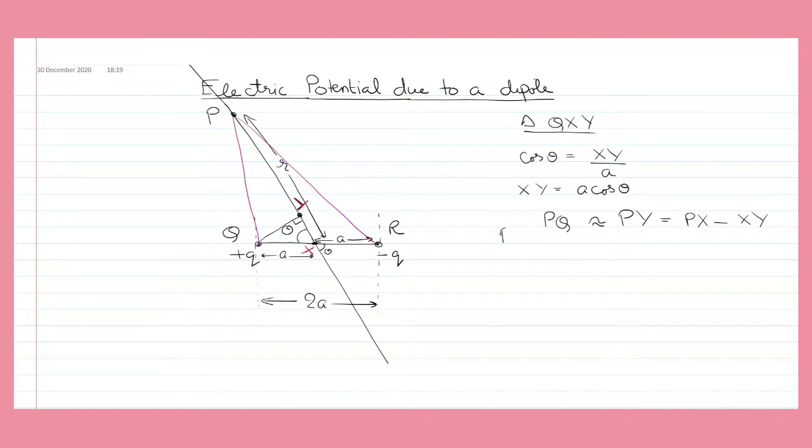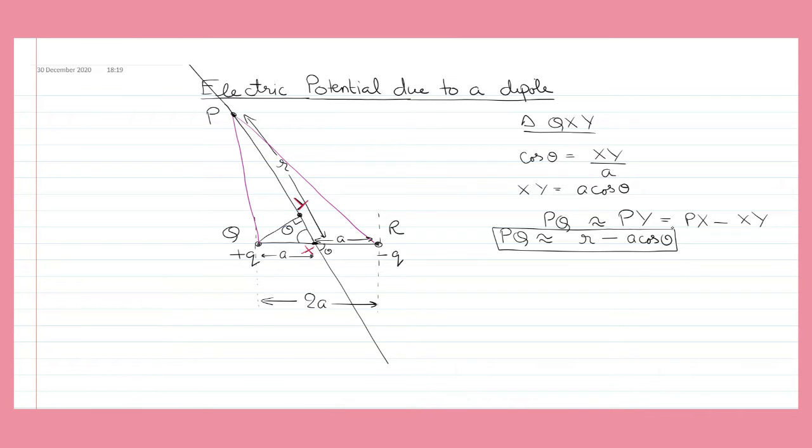So PQ will be approximately equal to r minus a cos theta. I put this in a rectangular box so that I can remember it.